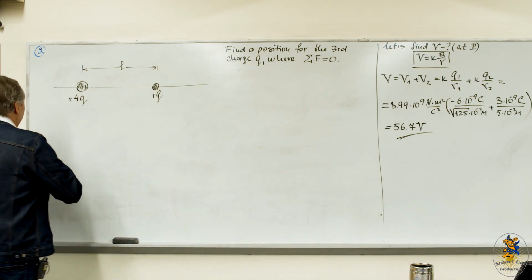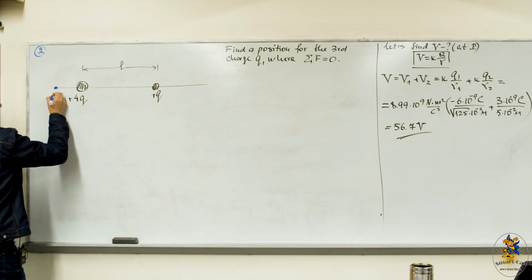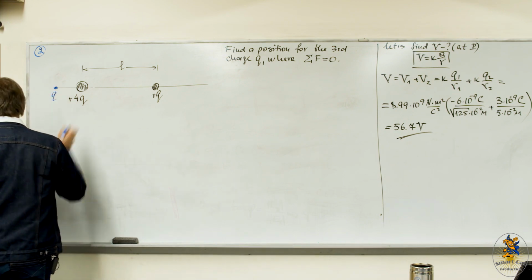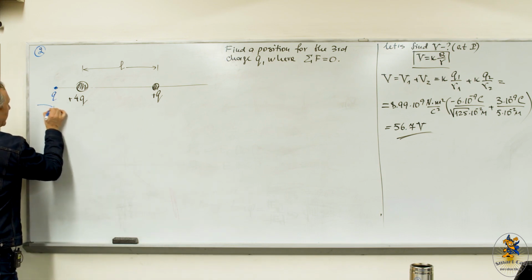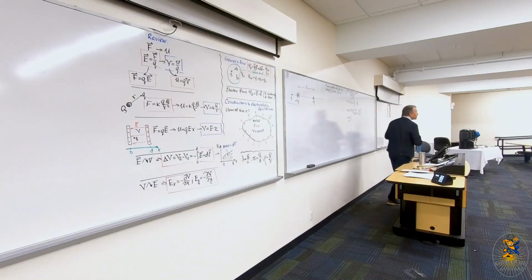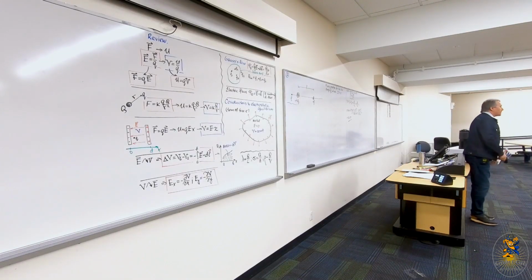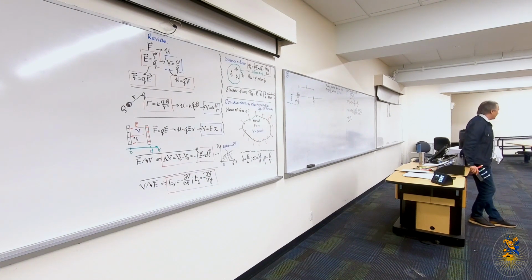Okay, so what if I position that charge over here somewhere? Let's just discuss this region. So is it possible to find a spot where the net electric force acting on the charge is 0 in that region?